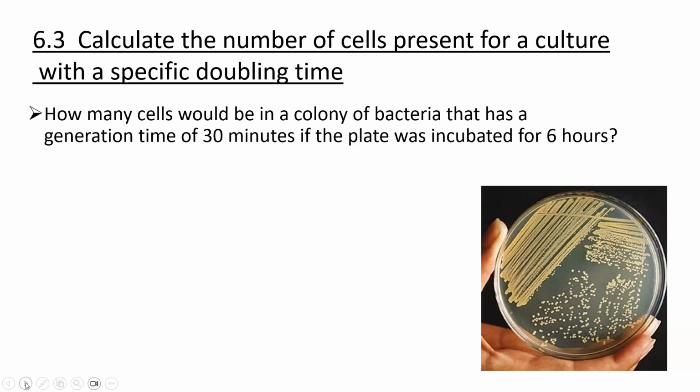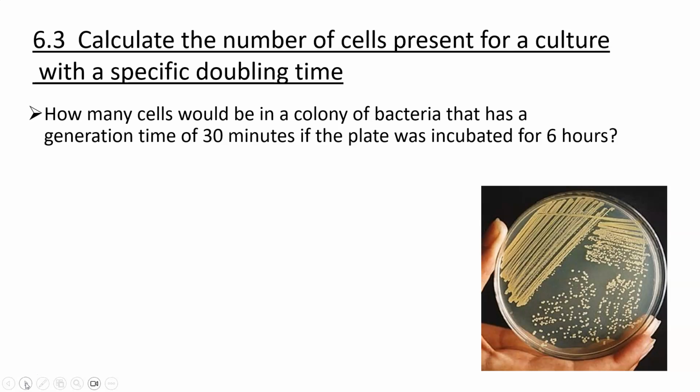When we're looking at these populations, we're going to look at the way they grow. Our learning outcome is to calculate the number of cells present for a culture with a specific doubling time or generation time. So here's a problem you should be able to do.